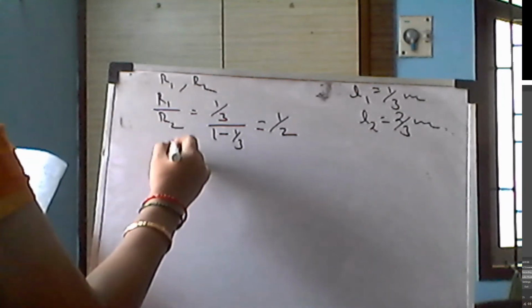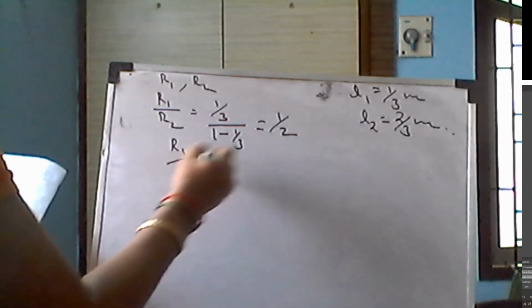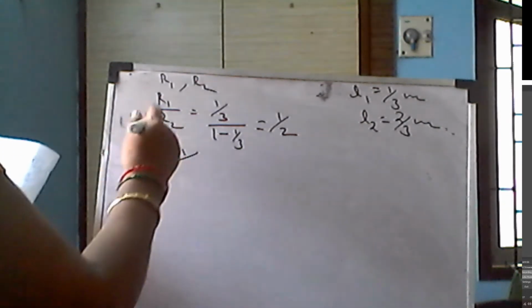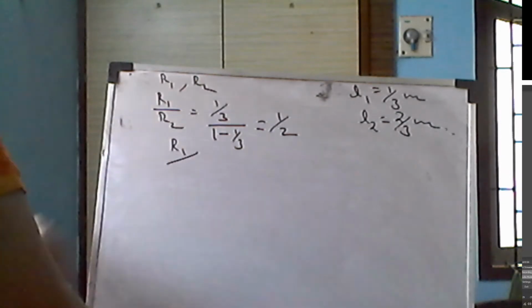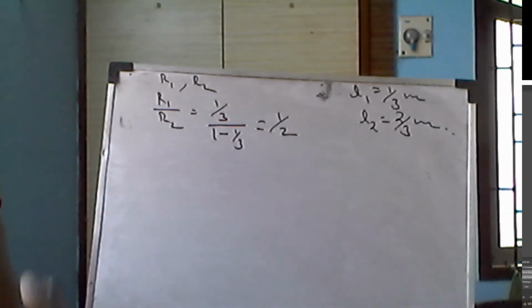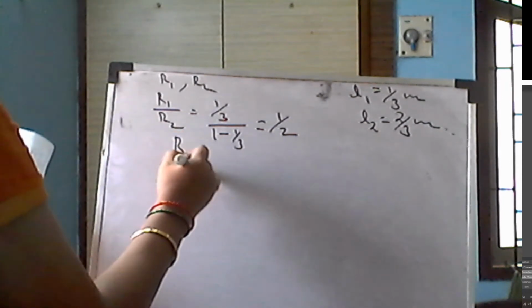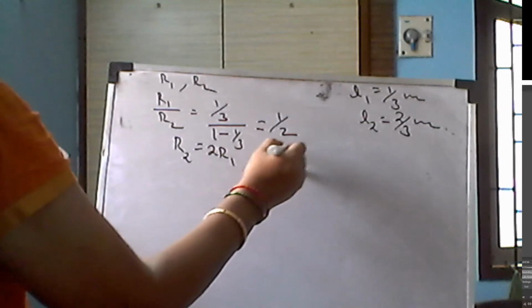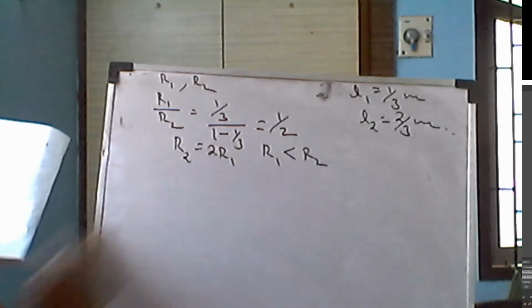R1 by R2 is equal to 1 by 2. If you do the multiplication, R2 is equal to 2R1. That means R1 is less than R2. That is the meaning.